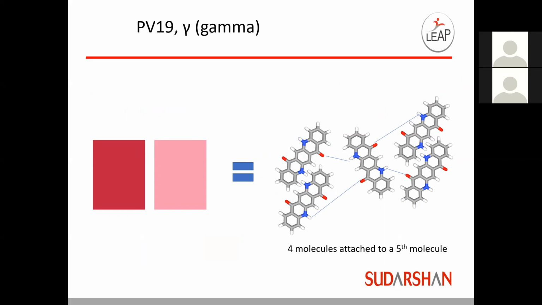Here, every molecule of the violet 19 quinacridone is connected to 4 other molecules, so it's very complicated. So you can imagine when you bring the full structure together, how very complicated the structure can be to be able to create that nice yellow shade red color space.